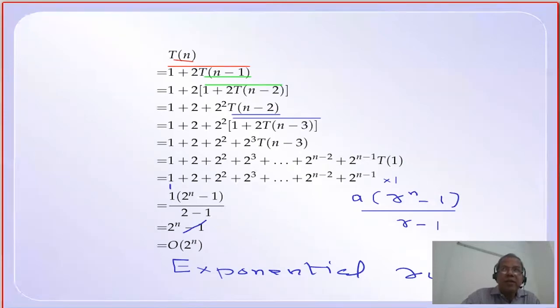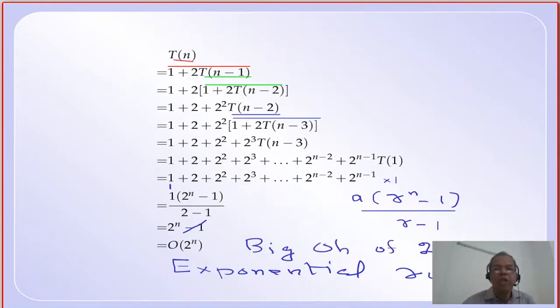It's a binary answer, a Boolean answer. If the running time is exponential, big O of 2 power n, is it a useful algorithm or a useless algorithm? Useless. Not good.